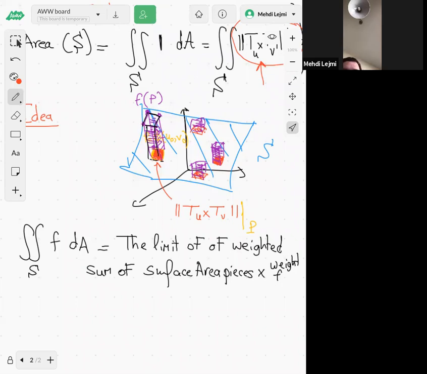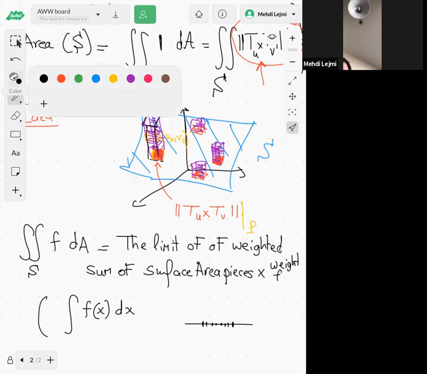The idea is the same as for a function of a single variable, the integral of f of x dx. You divide your interval into very small sub-intervals and multiply by the function f at some point of each sub-interval. You get this rectangle, here is another rectangle.